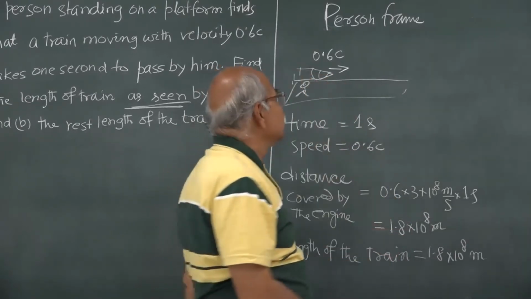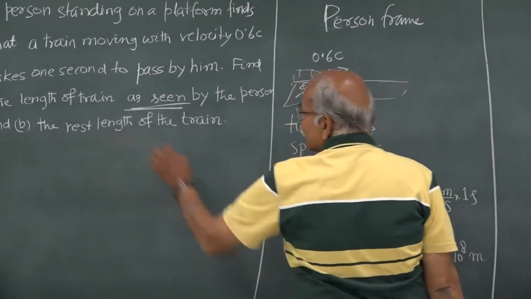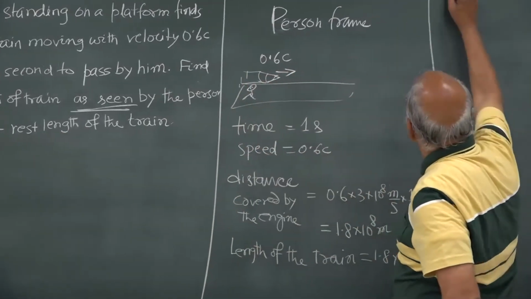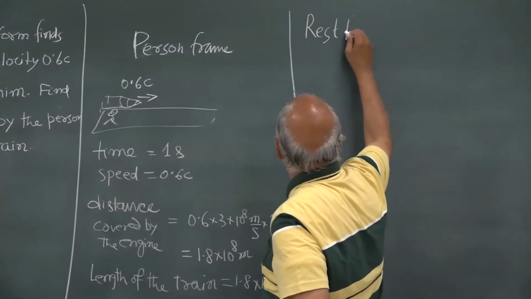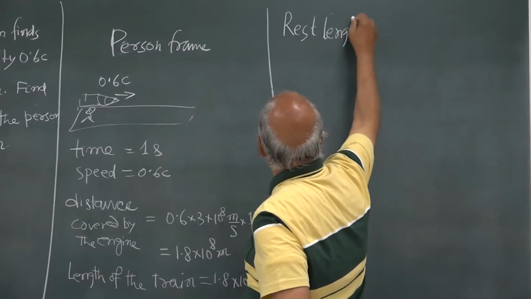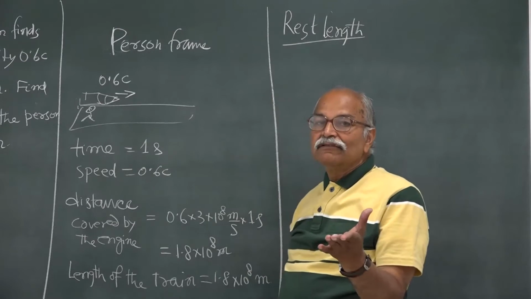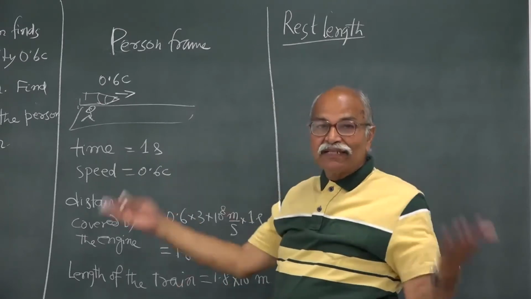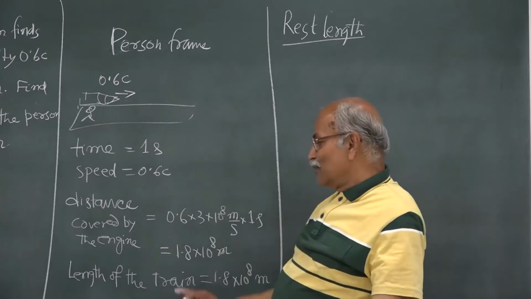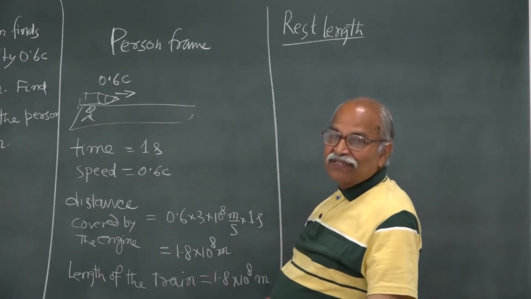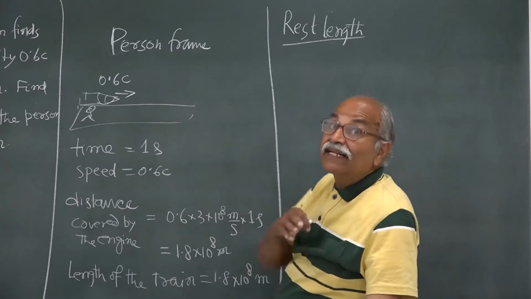So, this is the person's frame, and then we need the rest length. What is rest length? Rest length is the length in the train's frame itself. Rest length of a train means from the train frame you measure the length of the train, and this is the moving length, because this is with respect to the platform, with respect to the person, and the train is moving.